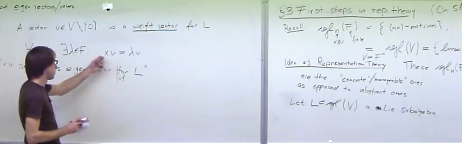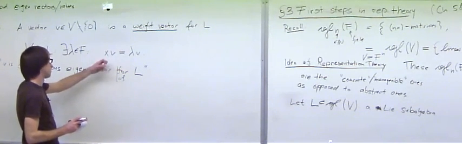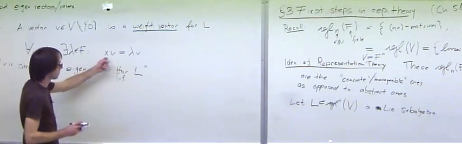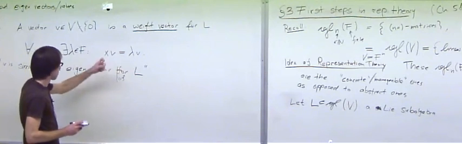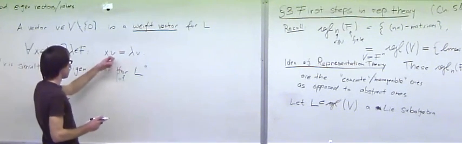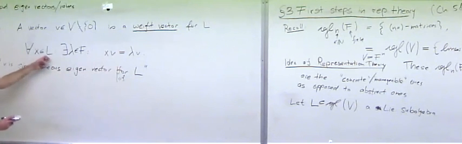Even for one matrix, that's kind of hard, and you have to use some algorithms to find eigenvectors. And now we want to find vectors which are eigenvectors for all the elements of our Lie algebra, so for all these infinitely many matrices. But in fact, there are examples where this exists.